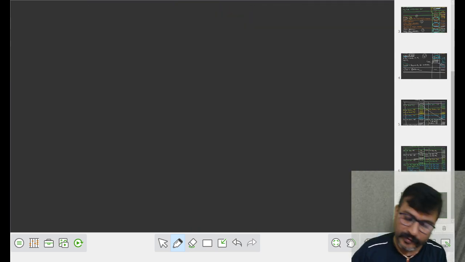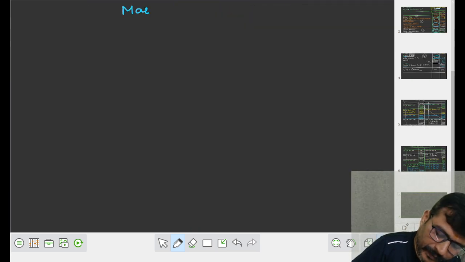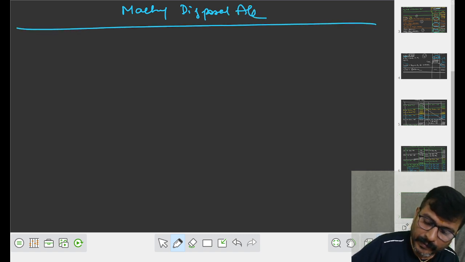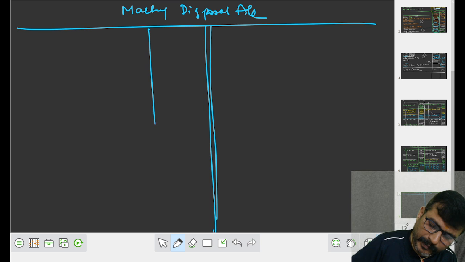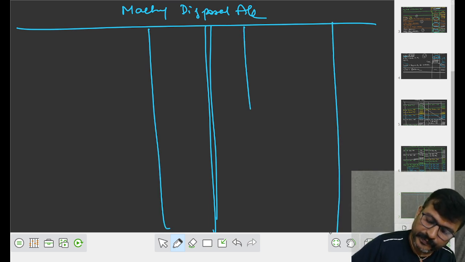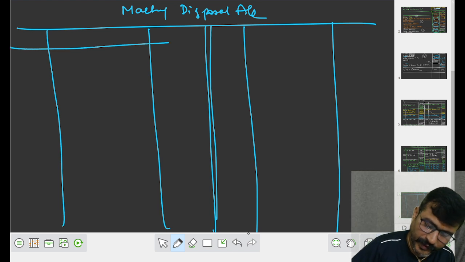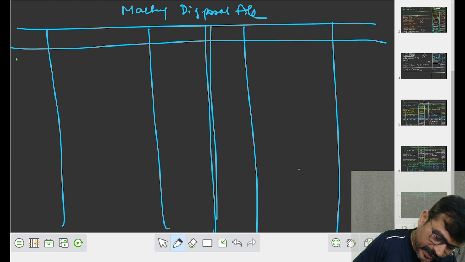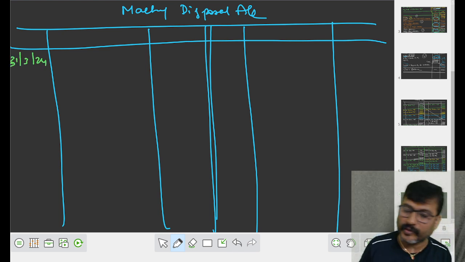Then what to do? We have to prepare the machinery disposal account. Machinery disposal is nothing but what? Machinery sold. When the machinery is disposed on 31st March 24.